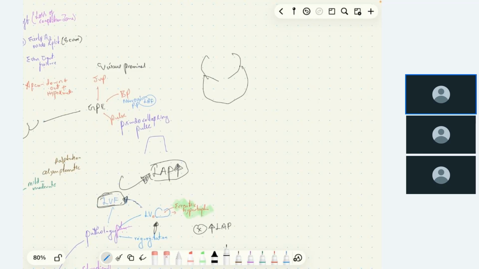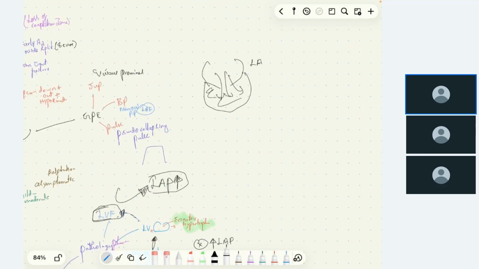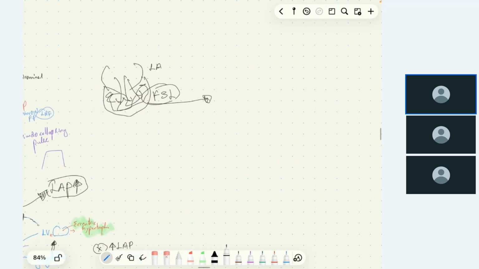After that, all the blood will come back to the left ventricle. So there is increased filling. Increased filling will lead on to increased ejection. Frank Starling's law. So there is increased force of contraction of the left ventricle.